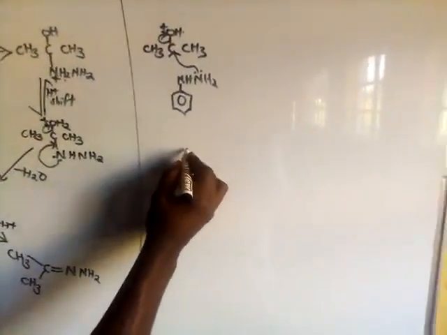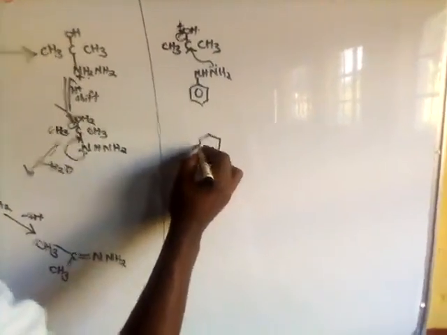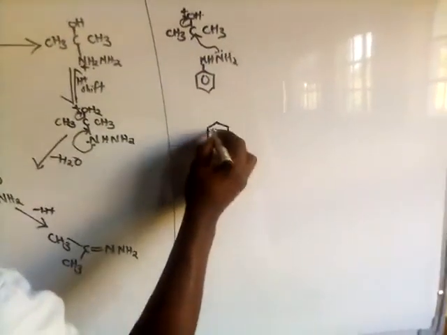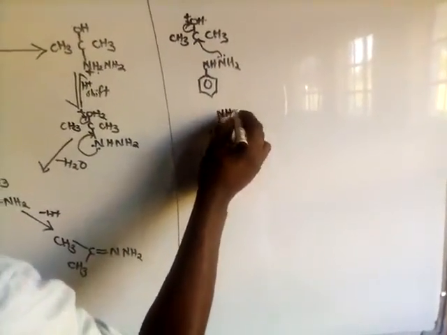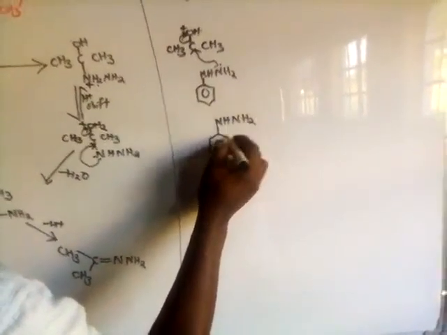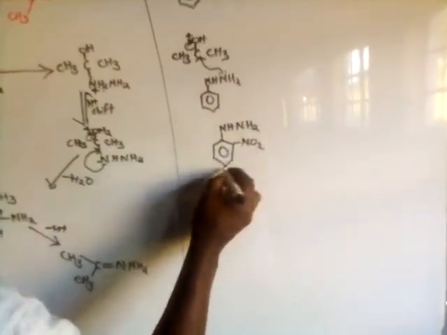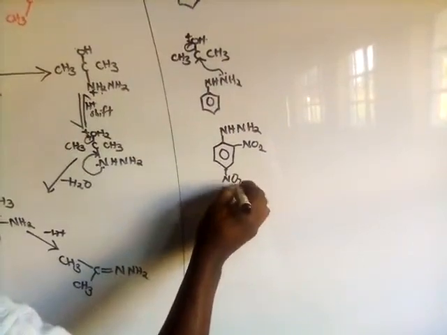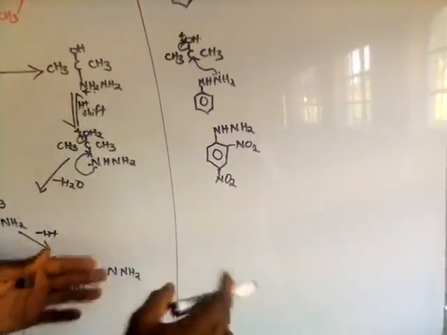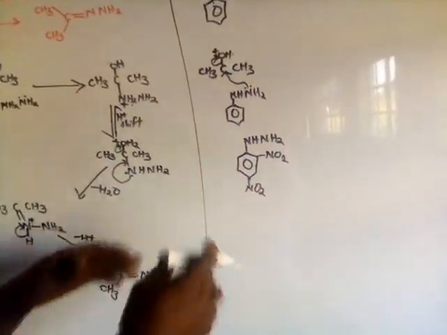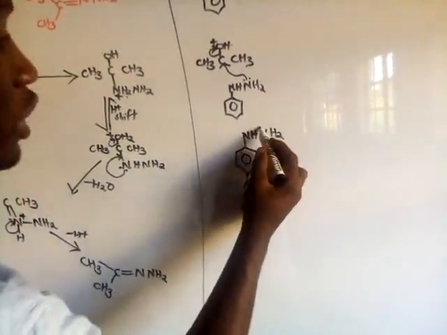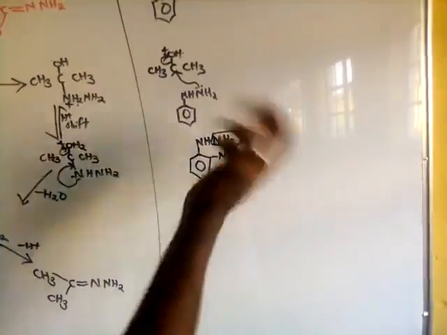Then we are also having another one. It's called Brady's reagent, or what we call 2,4-dinitrophenylhydrazine. So this is the formula. This is called also Brady's reagent and forms a yellow PPT indicating the presence of the carbonyl compound. So you are going to use the similar nitrogen to cause attack.